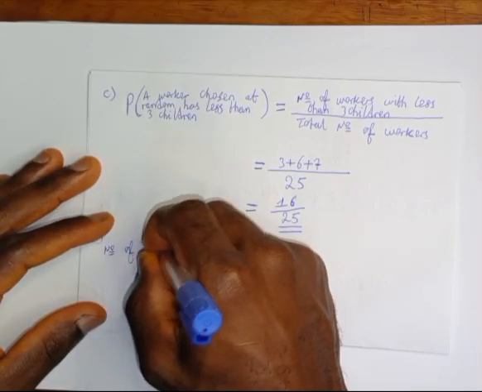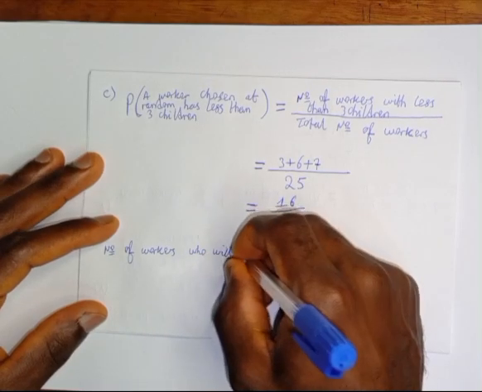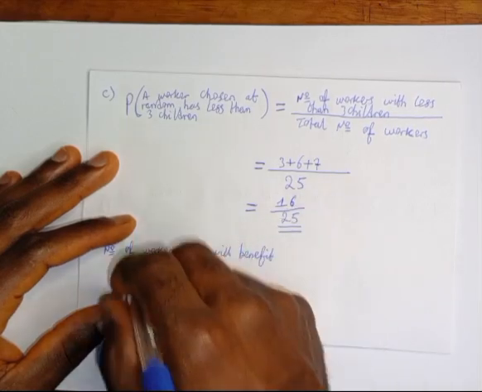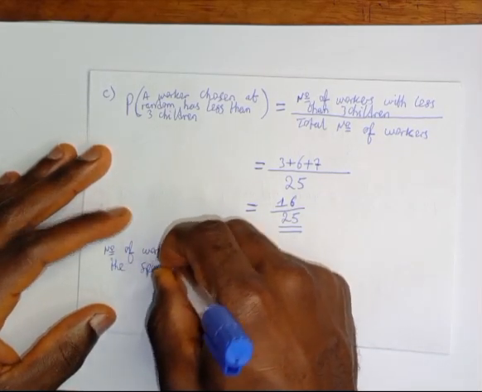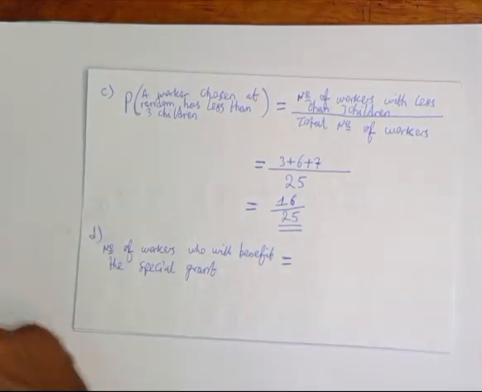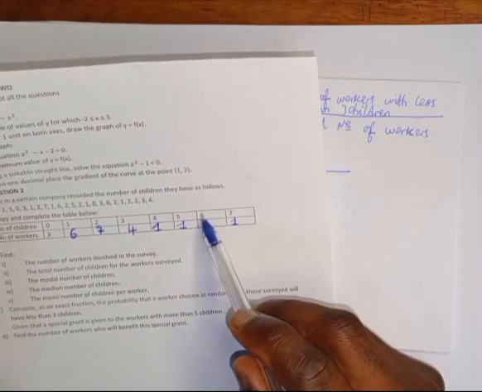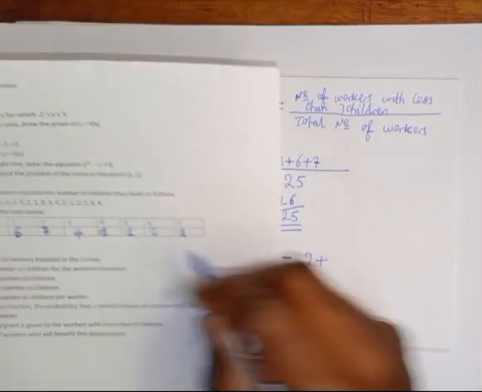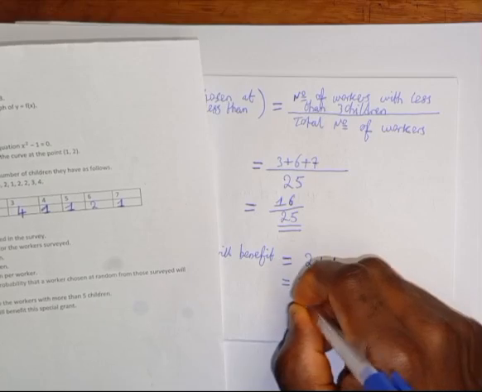The number of workers who will benefit from the special grant will simply be equal to, we are going to add the workers with 6 children and 7 children. So this will be 2 plus 1. This will give us 3 workers.